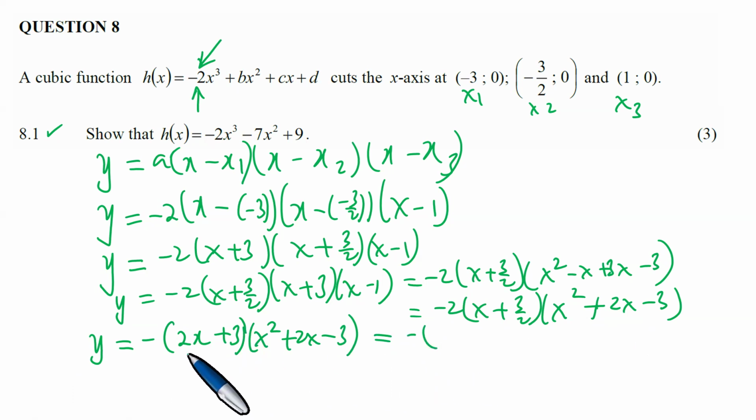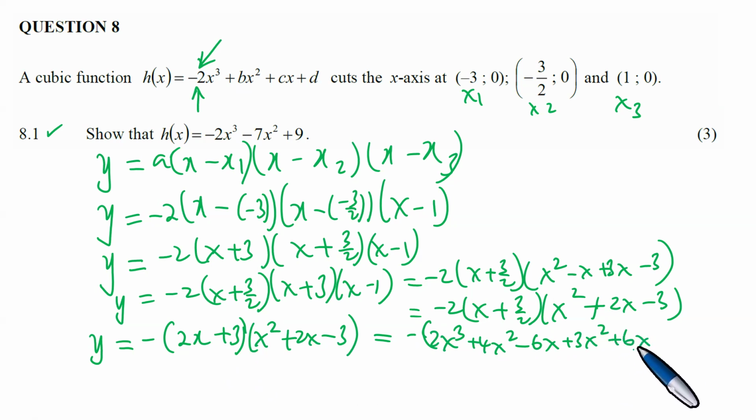Minus, open bracket, 2x by x squared is 2x cubed. Now, 2x by 2x, 4x squared, 2x by -3, -6x, 3 by x squared, 3x squared, 3 by 2x is exactly 6x. 3 by -3, it's a -9. Everything is carried forward to the top over here.